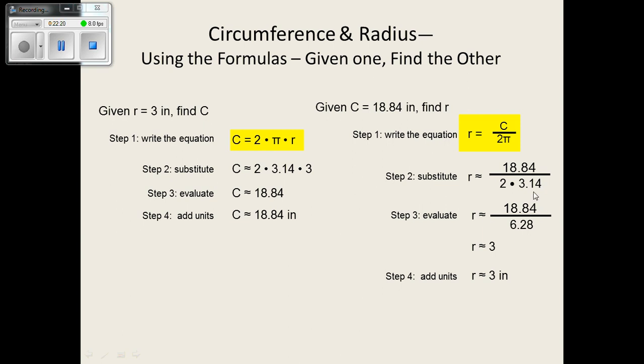So what I've shown is this kind of intermediate step. This gets done first. 2 times 3.14 gets us 6.28. Then we can take this number and divide by that value, and we get 3. And we're going to add our units, which are still inches, and that's radius equals 3 inches.